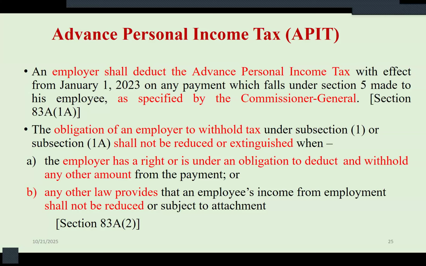So when we are receiving that income from our employer, employer has an obligation to deduct taxes on behalf of us. So that is a kind of withholding tax. So we call it advanced personal income tax. It started from January 1st, 2023.